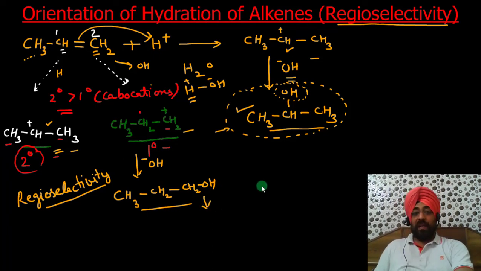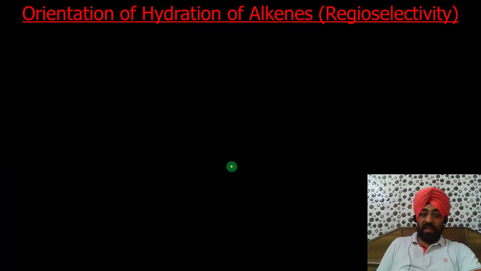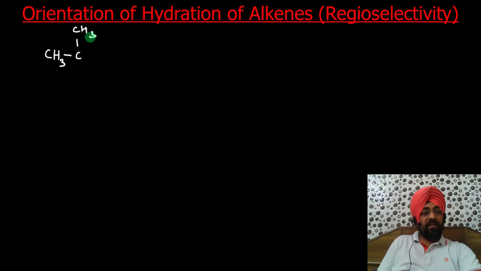Now let us take another example by which we can study this, just to practice. Suppose we have CH3, C, CH3, CH double bond CH. So here it is C, because the valency is complete. You have to be very careful while writing the structures, because students generally make this mistake.